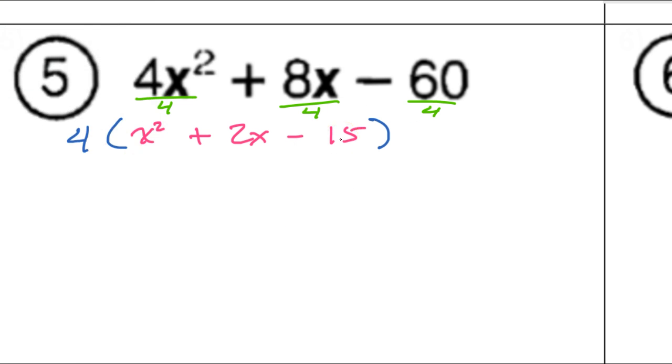Okay? So in our final answer, we're going to have this 4 sitting out front. But go ahead and focus on the red trinomial for the rest of this particular problem.